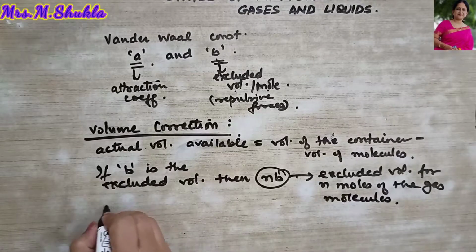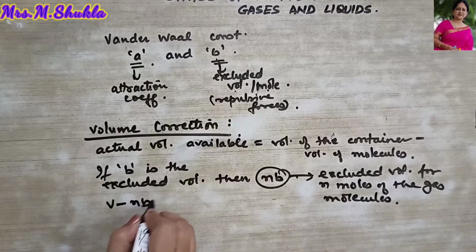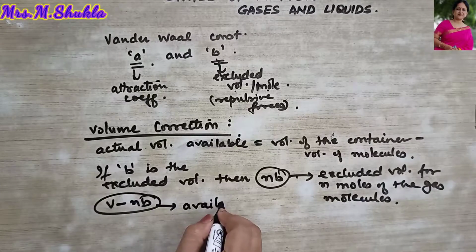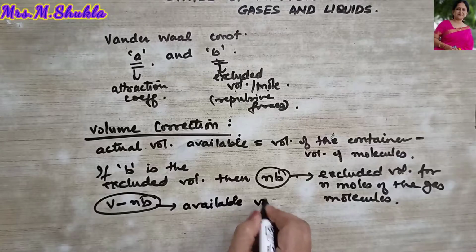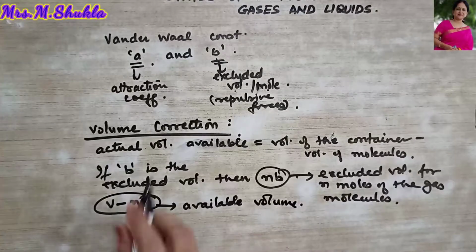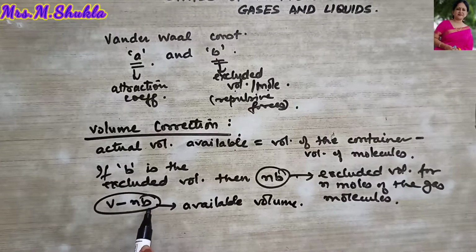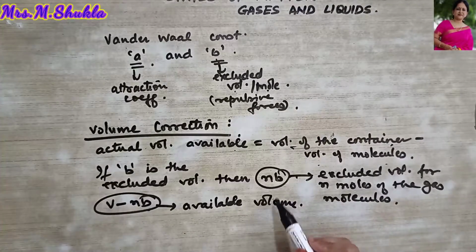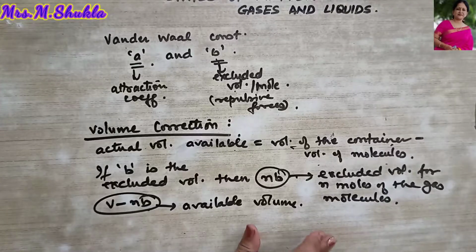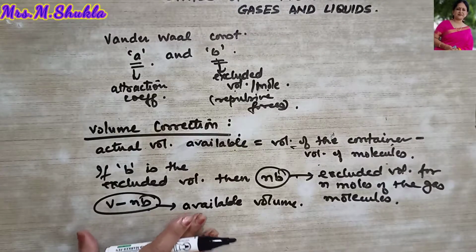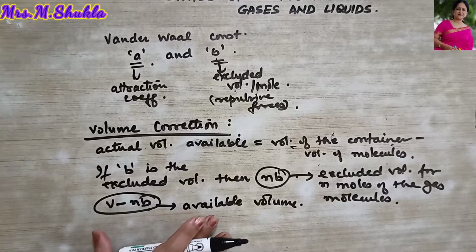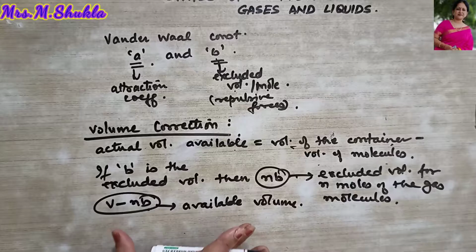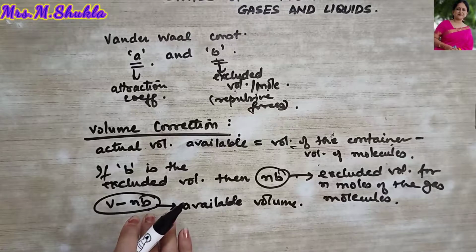Then V minus nb is the available volume. Clear? The actual volume available is equal to the volume of the container minus the volume of the molecules. This suggests that the volume in the ideal gas equation of state should be replaced by the free volume, that is V minus nb.